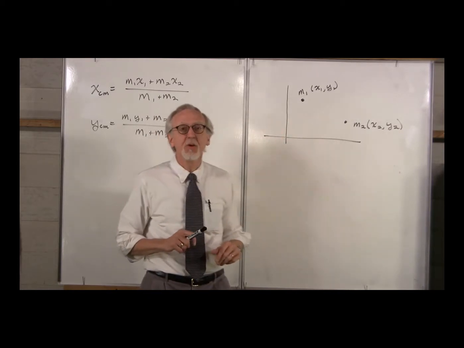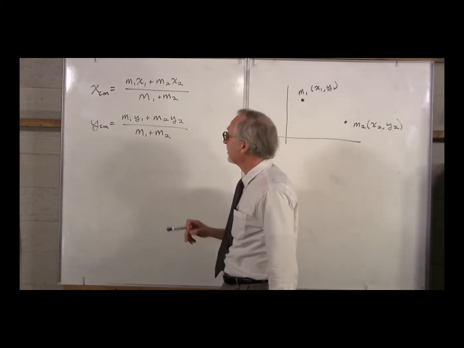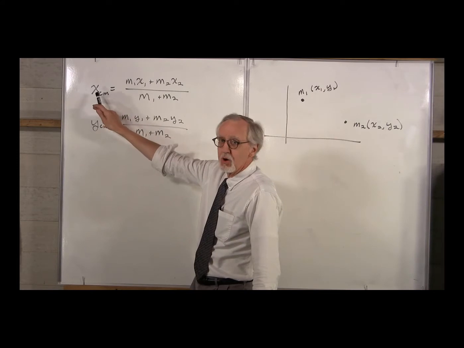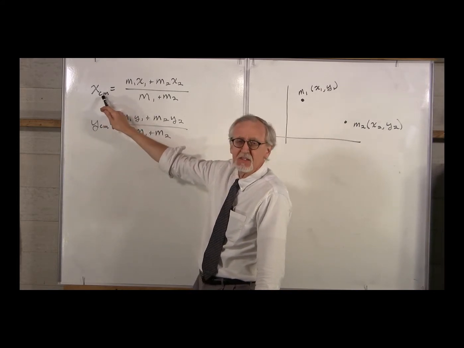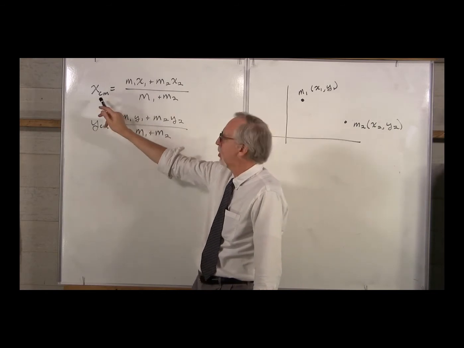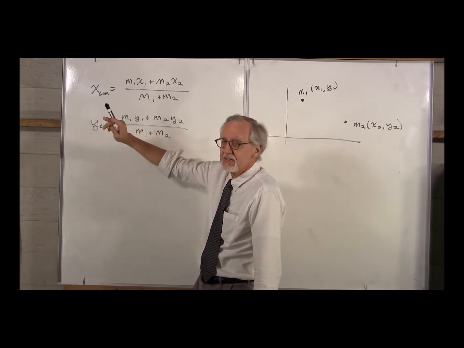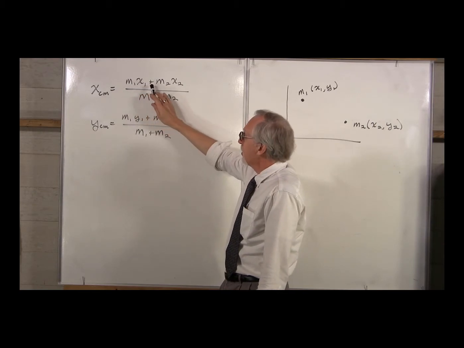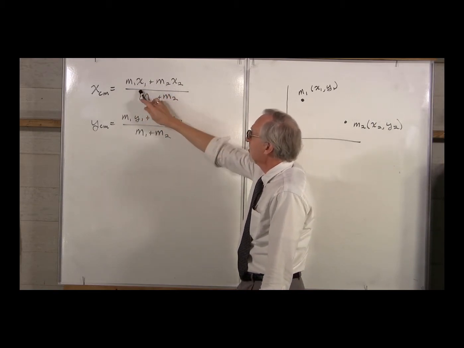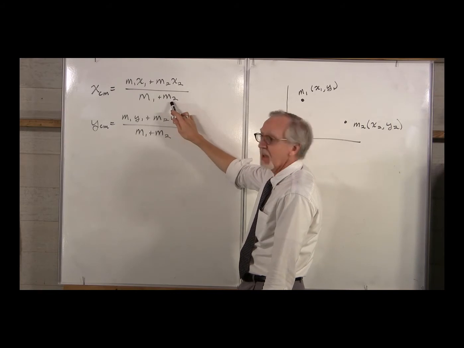The definition that we will use for the center of mass is that the x-coordinate of the center of mass, which I'll write as x sub cm (this is center of mass, not centimeters), is given by this equation: m1x1 plus m2x2 divided by m1 plus m2.